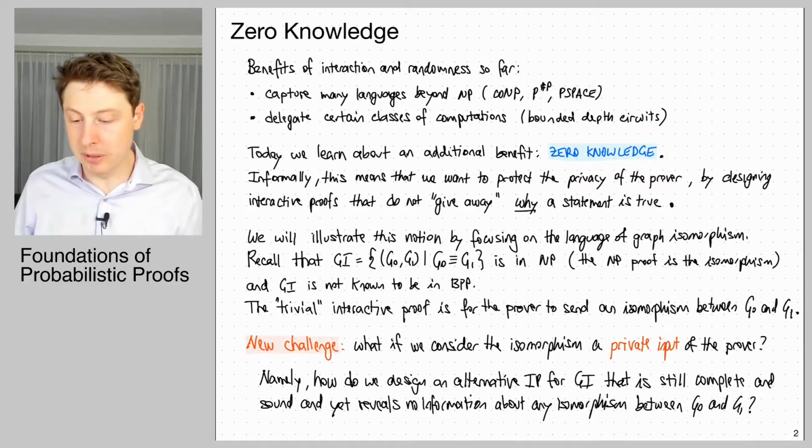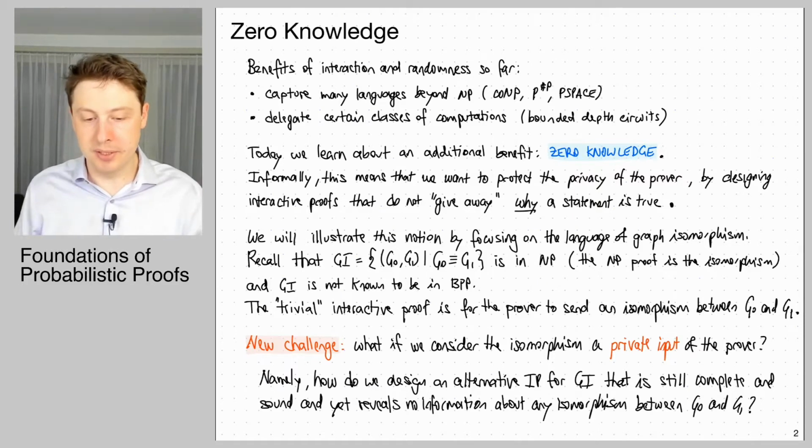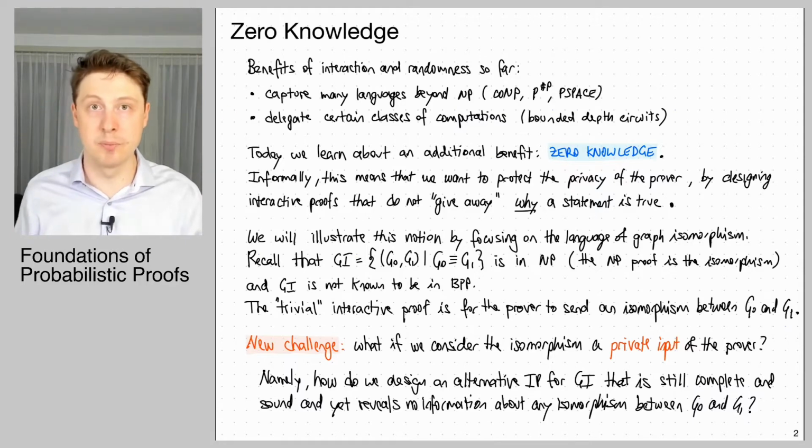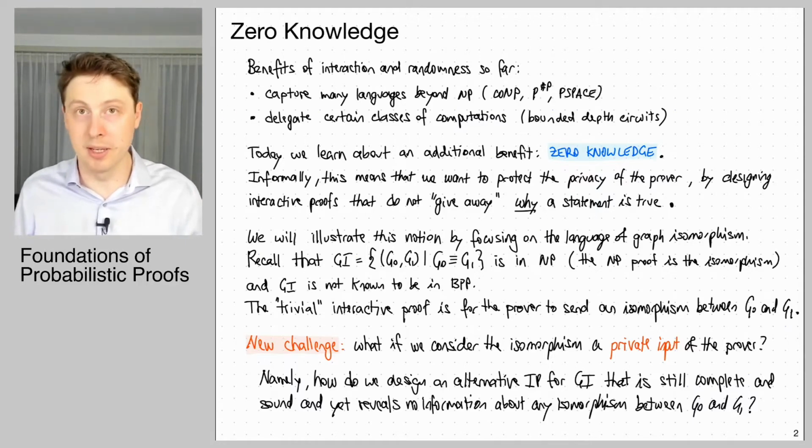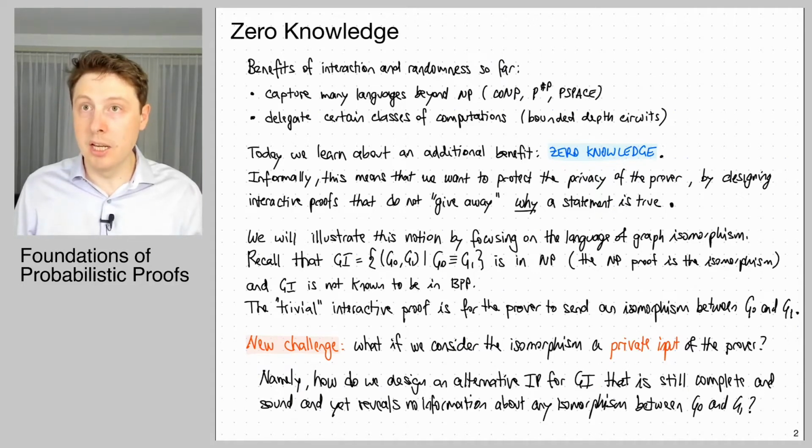All of this is informal. The main thing I wanted to put in context is that interactive proofs bring a variety of benefits. Zero knowledge is one of them, and we're discussing that today. Any questions about the motivation here?